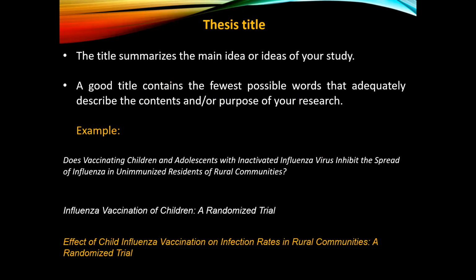of three different sentences as titles, each giving the main idea possibly. The first one: does vaccinating children and adolescents with inactivated influenza virus inhibit the spread of influenza in unimmunized residents of rural communities? Just stay with me on that sentence.